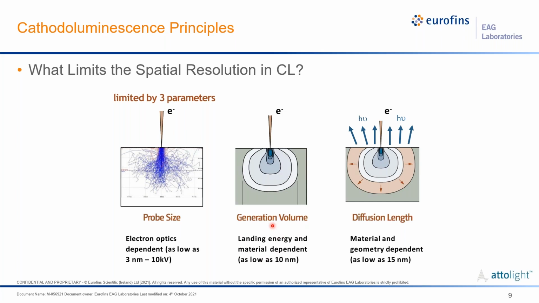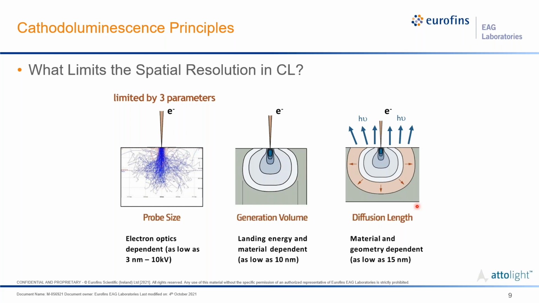And this is dependent on the accelerating voltage of the primary beam and also the material that you're shooting the electrons into. This tends to be on the order of tens of nanometers to microns, depending on what you're looking at. And then lastly, we have the diffusion length.